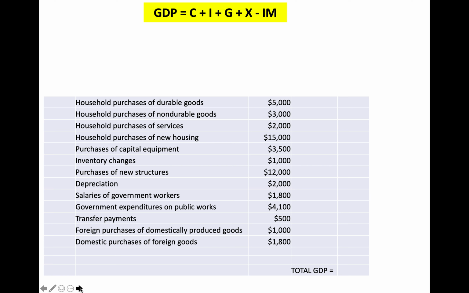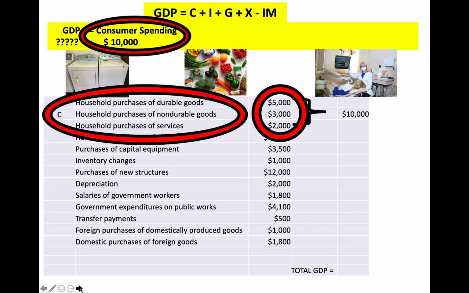Okay, so you're going to have some calculations very similar to this. There's going to be a hypothetical country giving you a set of numbers, very similar to what we're going to do here. Okay, and we're going to measure consumer spending first, and again, it's going to be household purchases of durable goods.